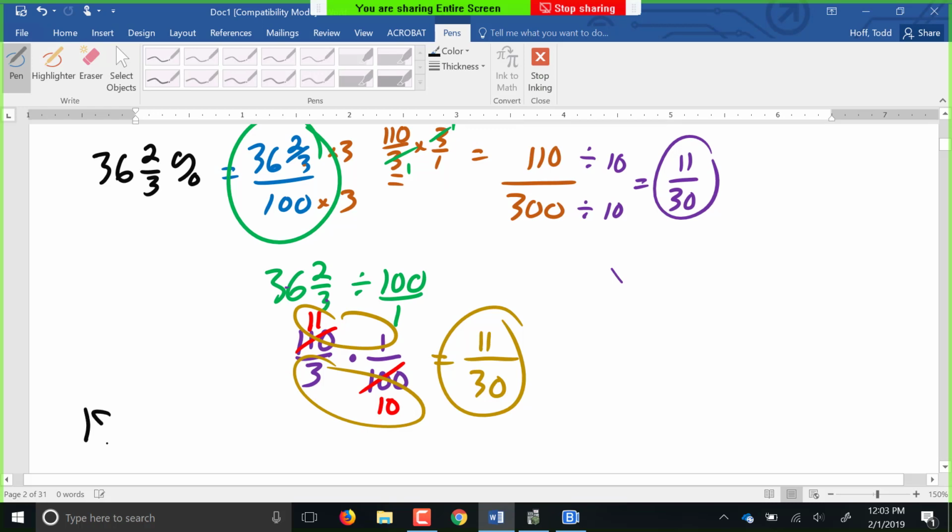In your notes, I want you to try 18 1/3%. Convert that into a fraction.